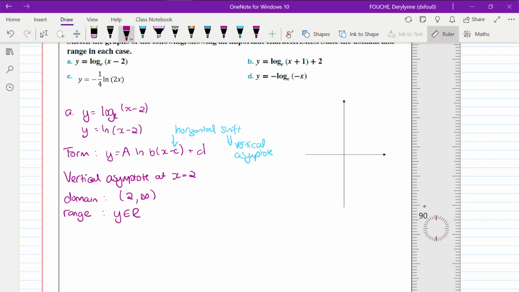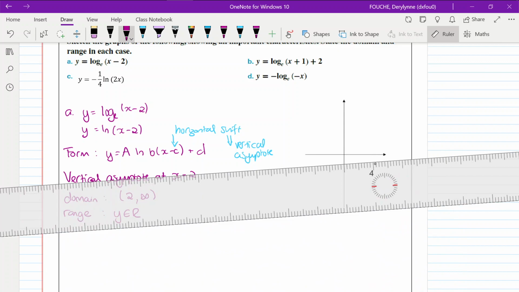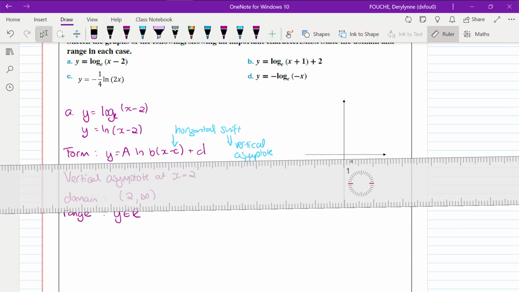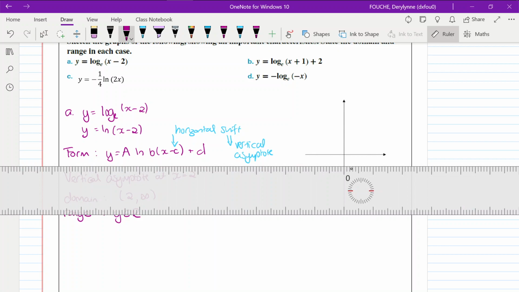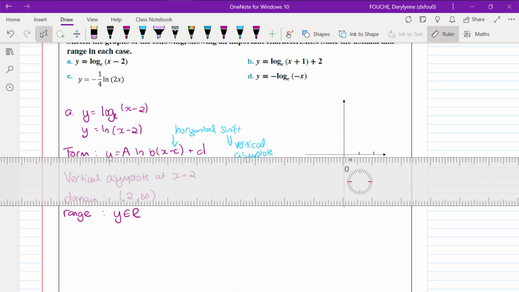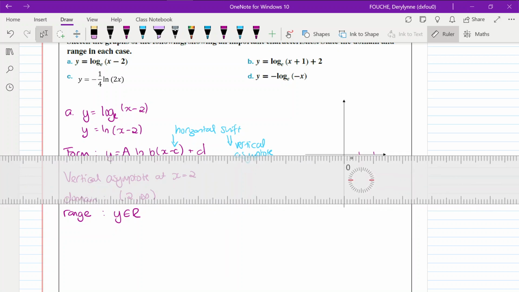Okay, so let's sketch in an asymptote. I'm just going to extend this line a little bit.